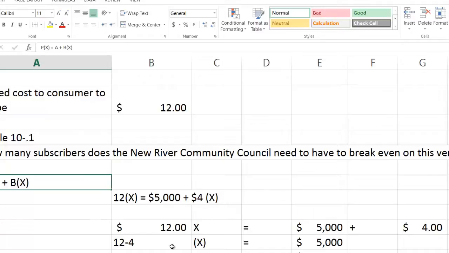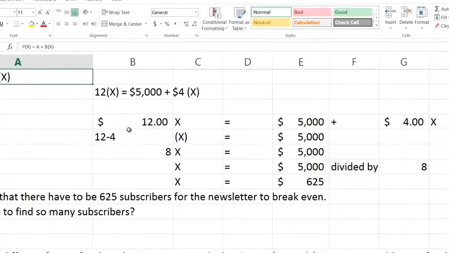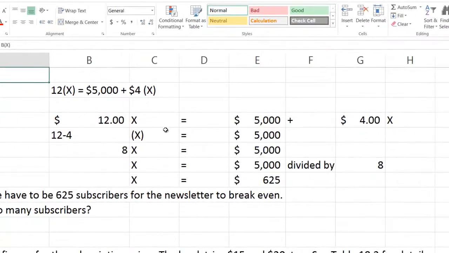All right, and so we work that out. $12 times X equals $5,000 plus $4 times X. Right? Now you can see those are each in their separate boxes, so that you can do some formula work later on. But here we're taking 4X from each side. 12X minus 4X equals $5,000.